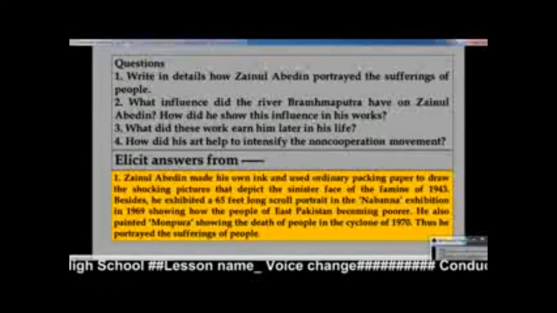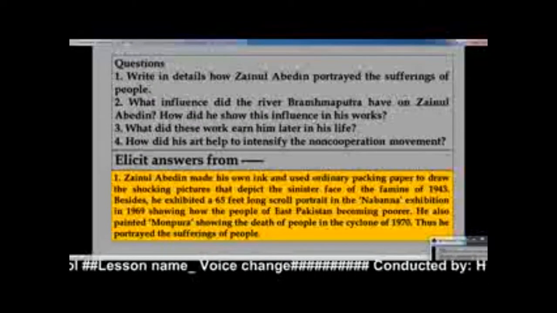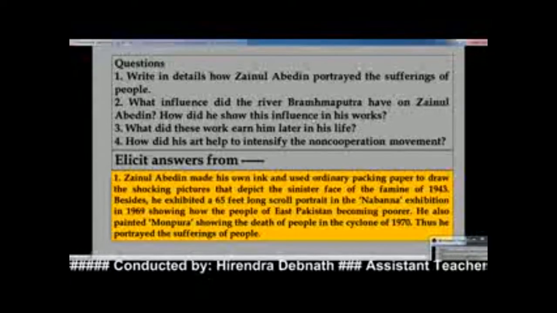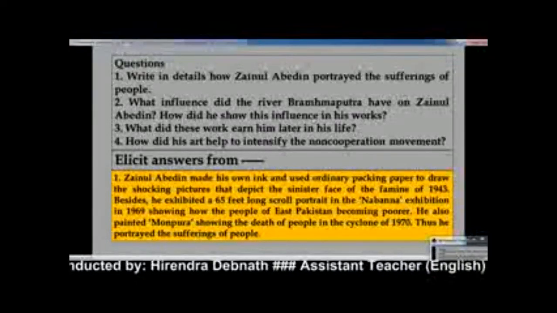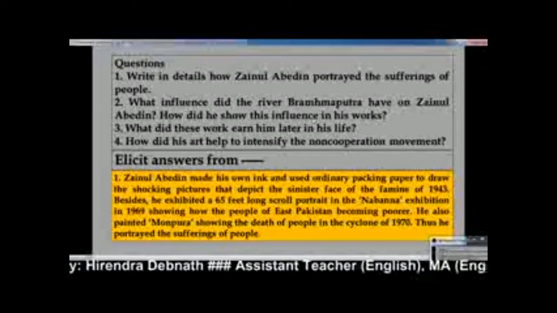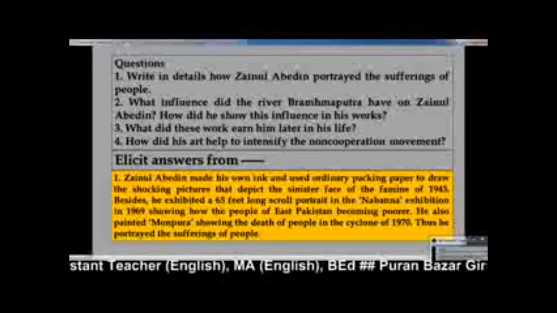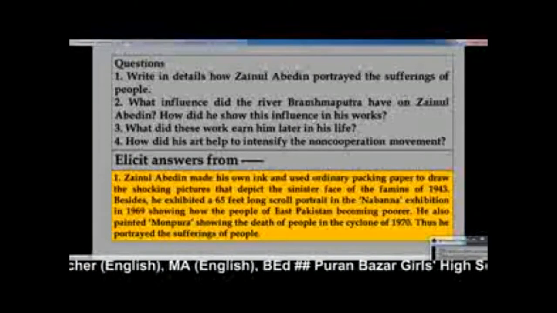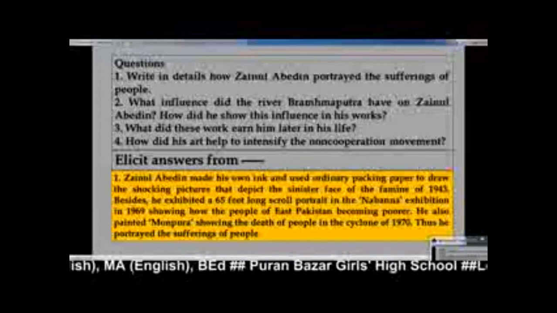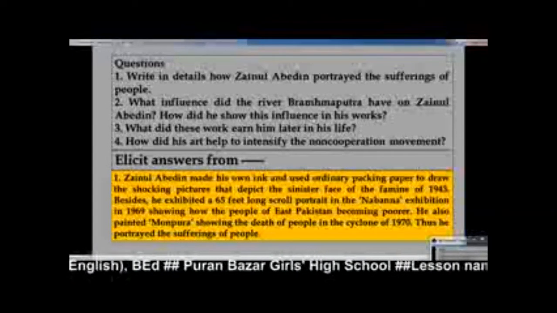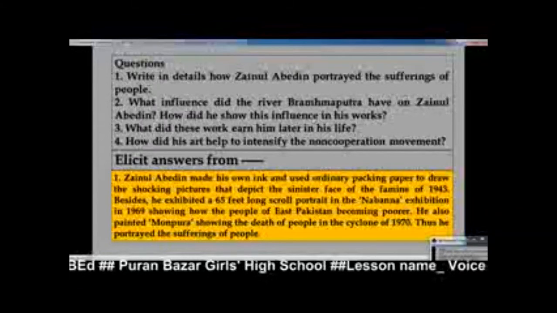He also painted Manpura, showing the death of people in the cyclone of 1970. Thus, he portrayed the sufferings of people. Dear learners, in the answer of this question, he portrayed 3 types of sufferings. One is 1943, the second one is 1969, and the third one is 1970. You have to bear it in mind.